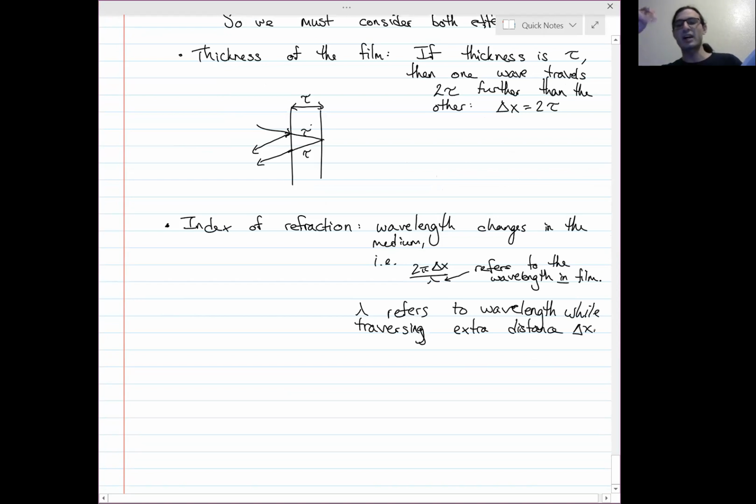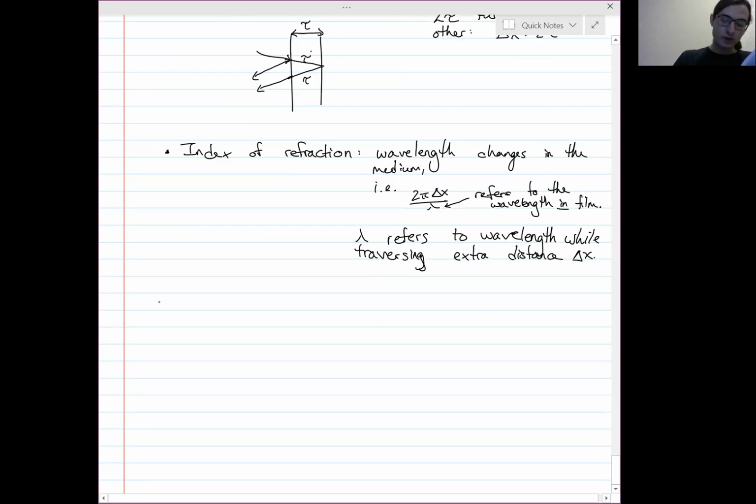Because what we really care about is how many fractions of a wavelength the wave has traveled. And if the length itself has changed, then the amount of fractions of a wavelength will change, depending on what the wavelength is. The last feature is that there is a phase change from reflections.